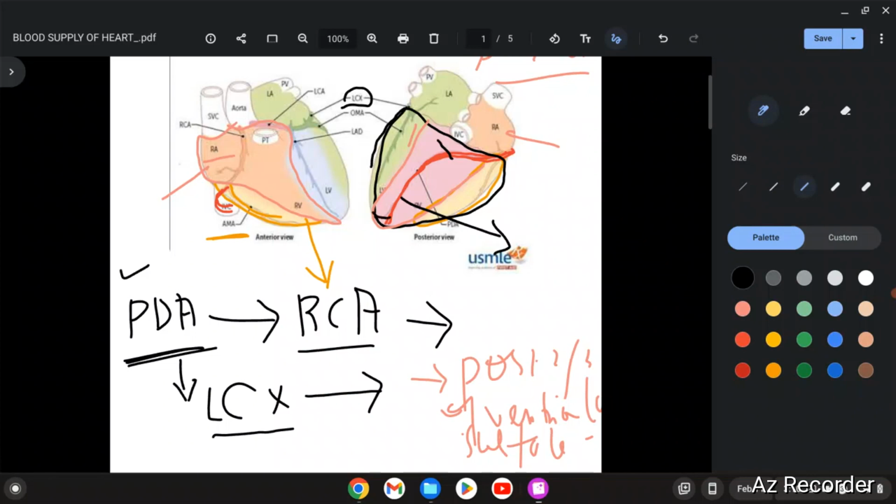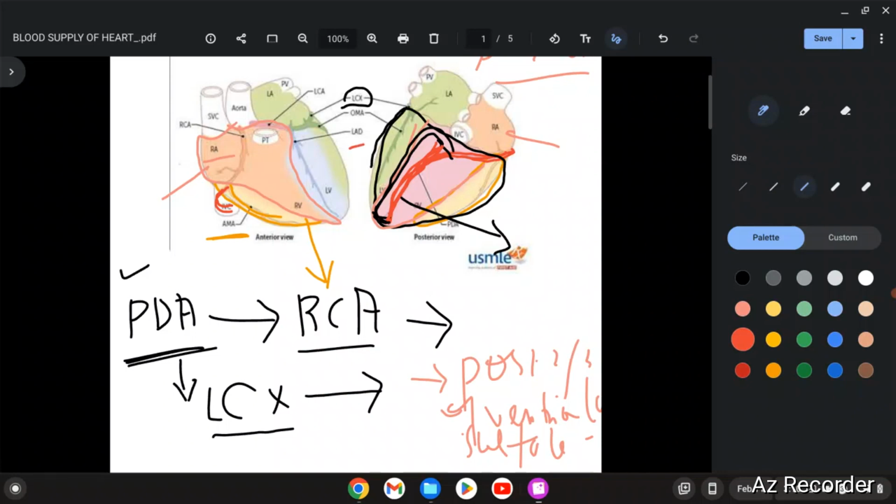If I just try to draw it, if this is your interventricular septum inside beneath this groove, this interventricular septum is supplied by two arteries. The posterior 1/3 of this septum is supplied by your posterior descending artery, okay, and then the anterior 2/3 is supplied by another artery, okay, which is actually left anterior descending artery.